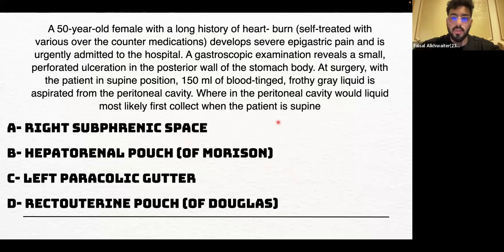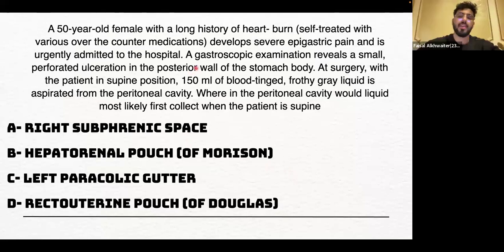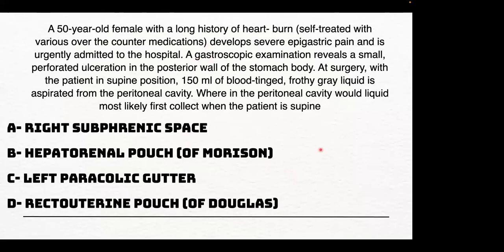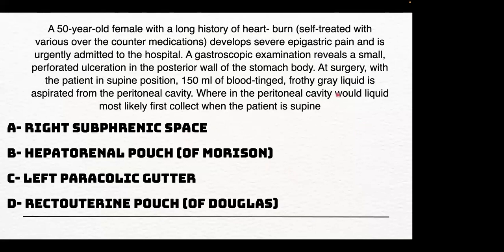I want one of you guys to read this question. Is there anyone that wants to read it? Should I read it? Yeah, but I want you to read it in the way I told you to read it. Do you remember what I told you guys? Okay, I'll immediately skip to the last sentence. Where in the peritoneal cavity would liquid most likely first collect when the patient is supine?